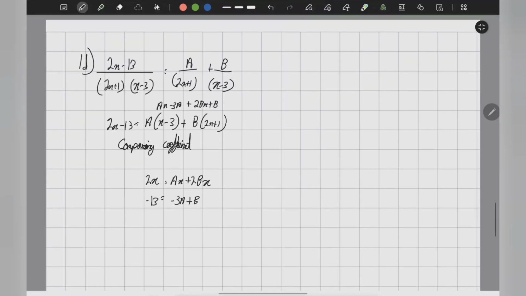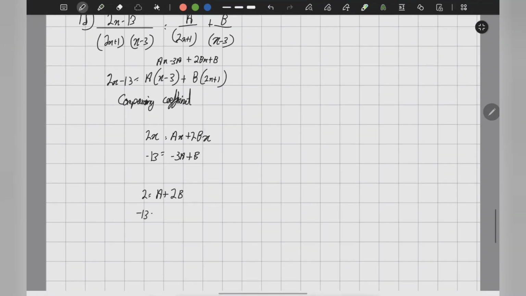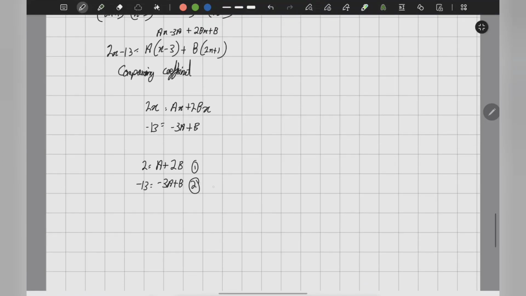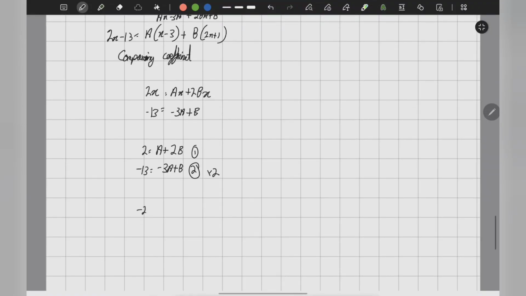So if I write this equation out again without the x terms to make it easier to see our simultaneous equations, if we multiply the second equation by 2 to get the b terms the same, we get minus 26 is minus 6a plus 2b.